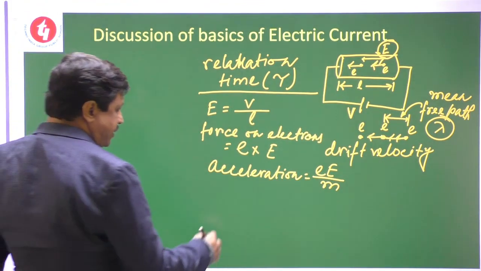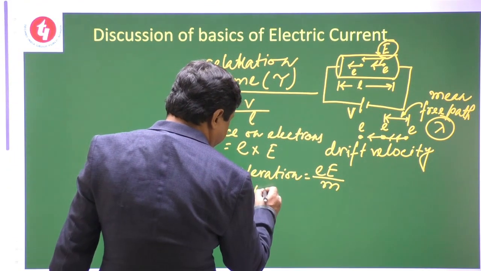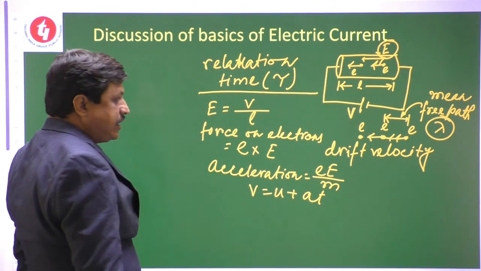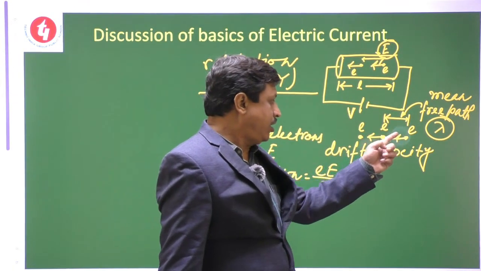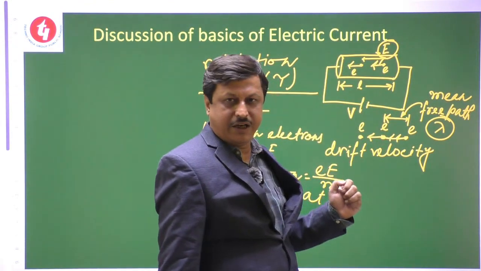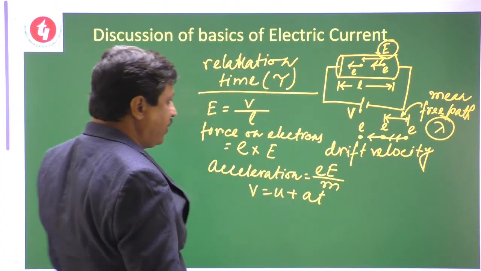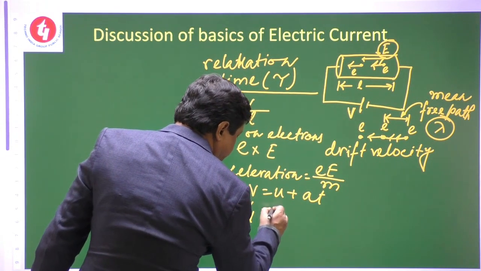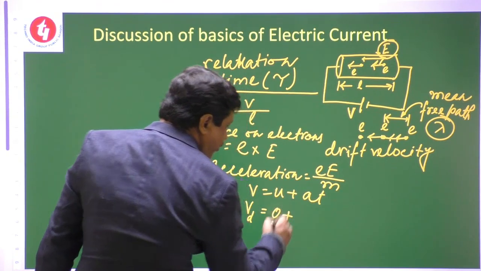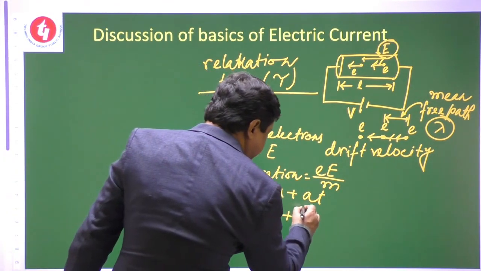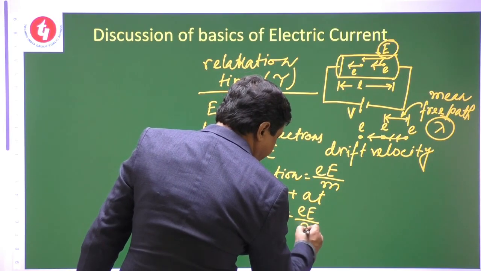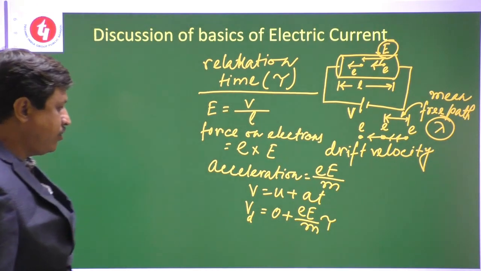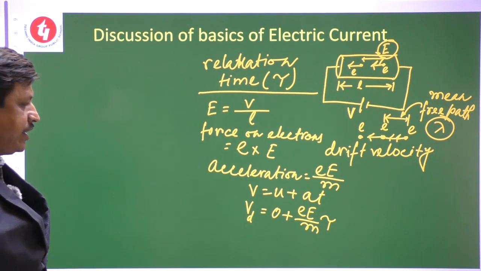So for drift velocity, you know the equation v equals u plus at. When this electron collides with another, the velocity after it is called drift velocity. Here u is 0, a is eE by m and t is tau.